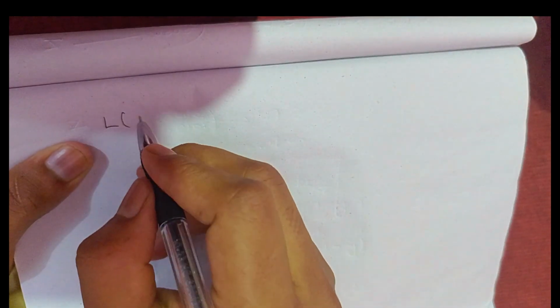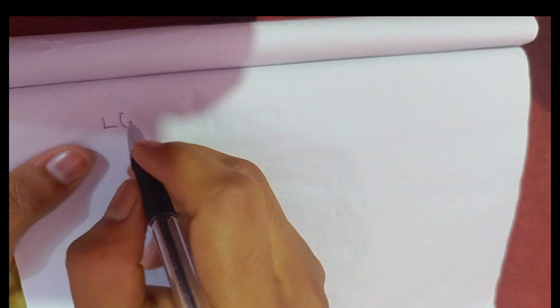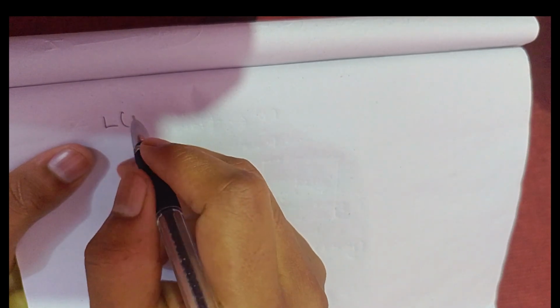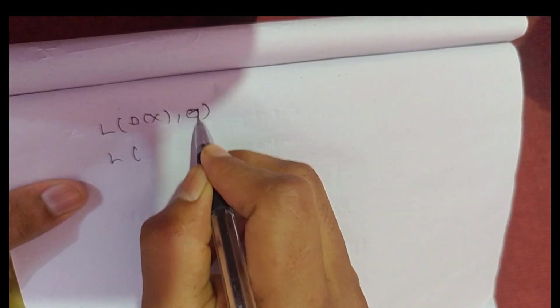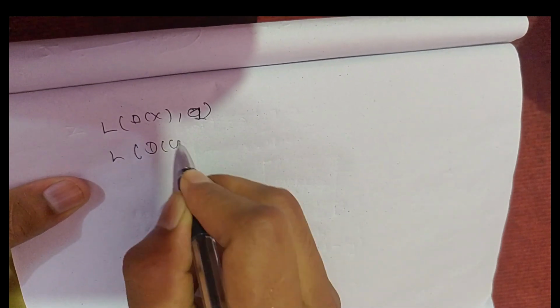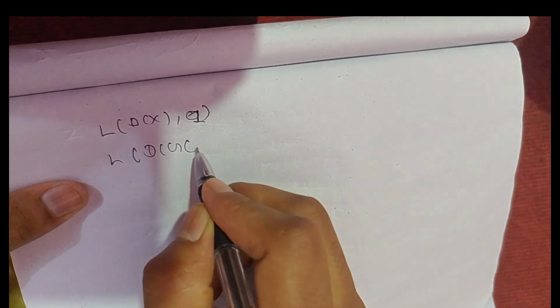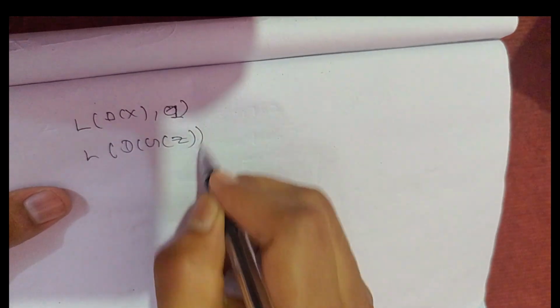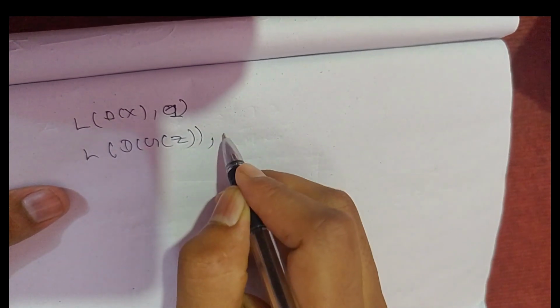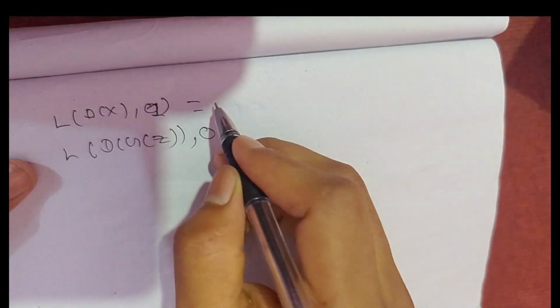So guys, we have arrived at these two equations. What is the first equation we have? The first equation is the loss of d of x comma 1. This is not 0, this is 1. And the other is d of g of z, we can just give x, but it doesn't matter, and this is 0. This is our first loss.